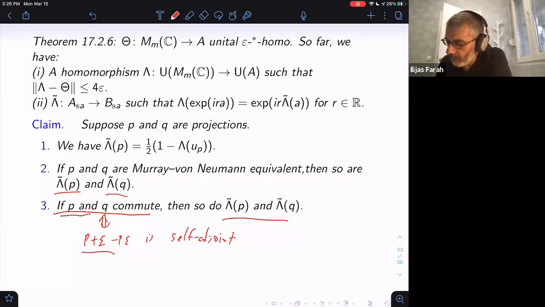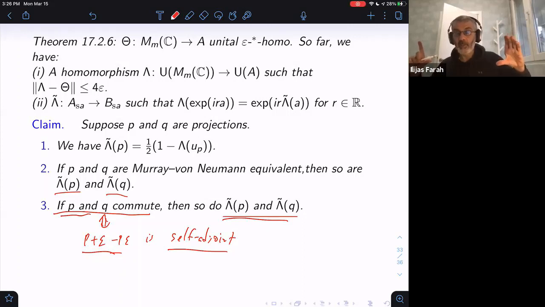Right, so P and Q commute if and only if this is self-adjoint. And what that means is that the corresponding one-parameter groups associated to P and Q also commute. Lambda sends commuting elements to commuting elements, and therefore lambda tilde has to pick commuting seeds for those one-parameter groups.